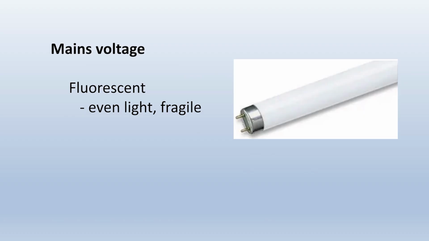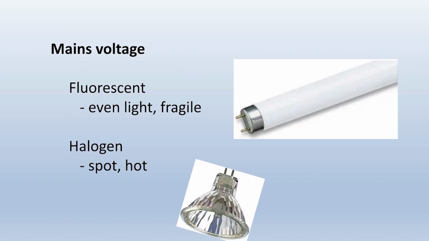They've got the advantage of providing an even light, of course, but they are fragile, especially if you're trying to transport layouts back and forth. They're not ideal. And of course, the other problem is they work at mains voltage, which we don't like to have close to our layouts. Some replaced the tubes with halogen spotlights.